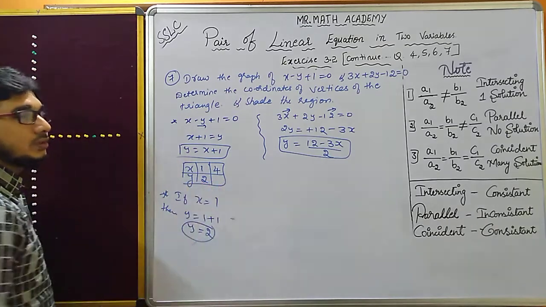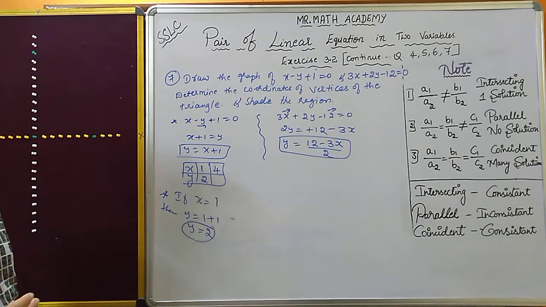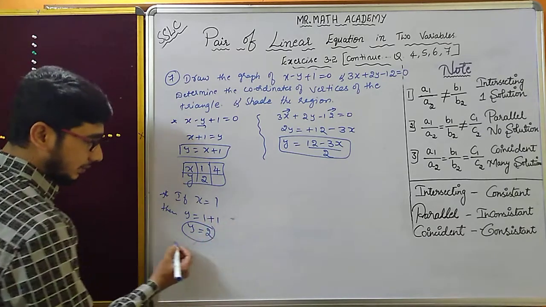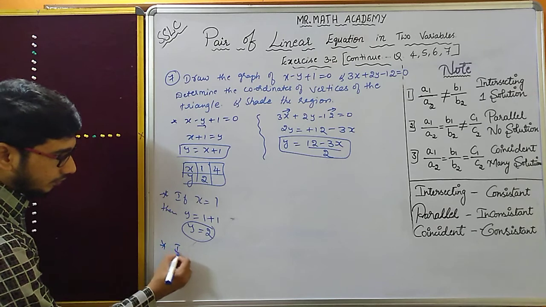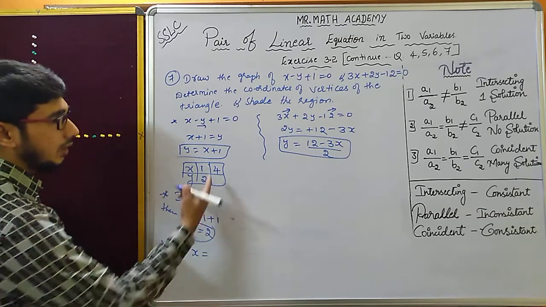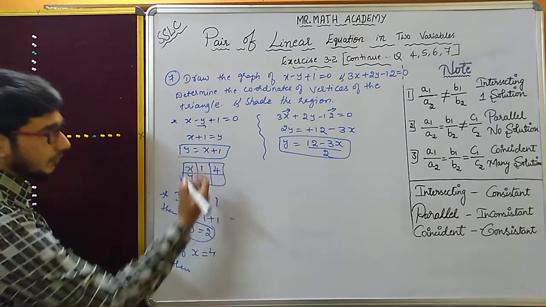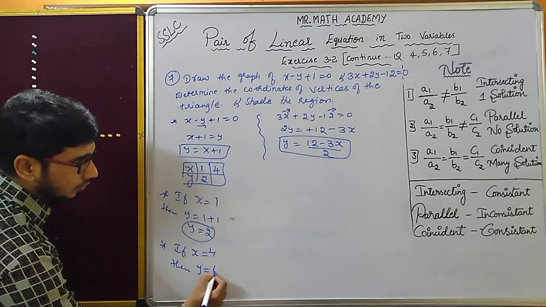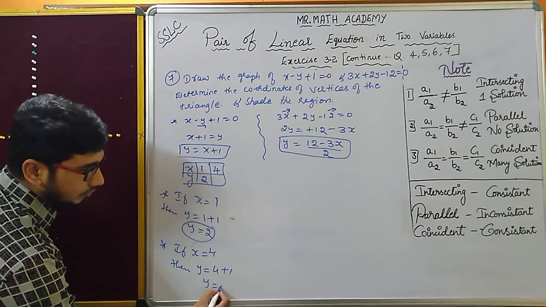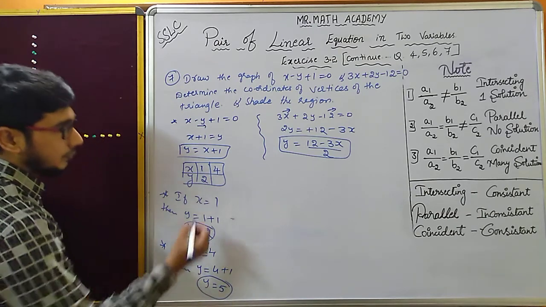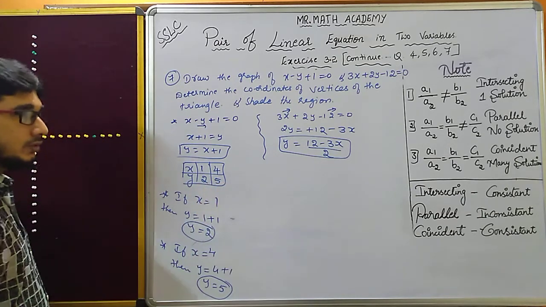Because the equation is so simple, instead of taking 0, I am taking some value. That's all, nothing else. So one more. If x is equal to 4, then what will the y value be? y is equal to 4 plus 1, so y is equal to 5. This is over.